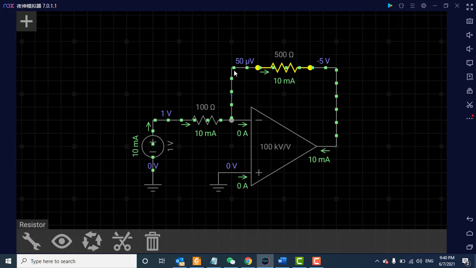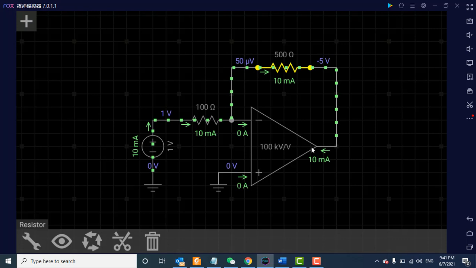So this current must flow from this direction. So here the op-amp must create minus 5. If it creates plus 5, the current will flow in the opposite direction. So the op-amp must create minus 5 volt, so that it can absorb the same amount of current, and also keep the virtual ground at 0 volt if it generates the minus 5 volt.